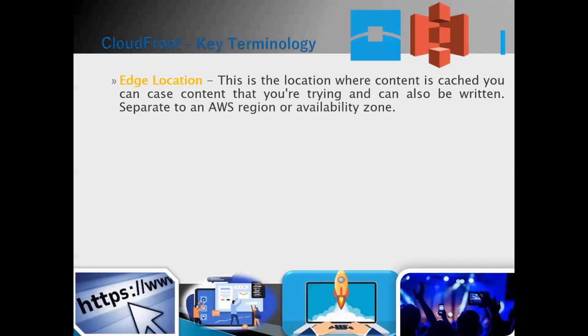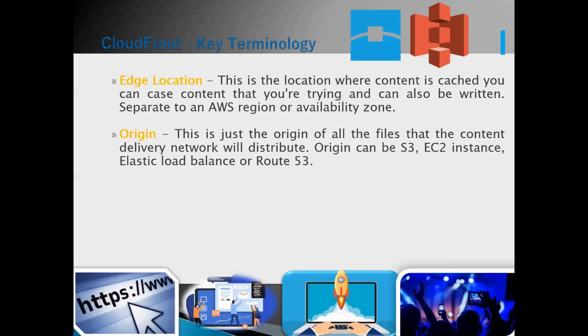Most of the time an edge location is used to download data from the website, but it is also used to upload data. It is separate from an AWS region or availability zone. Edge locations are altogether different servers located differently from availability zones. There are more edge locations than availability zones.